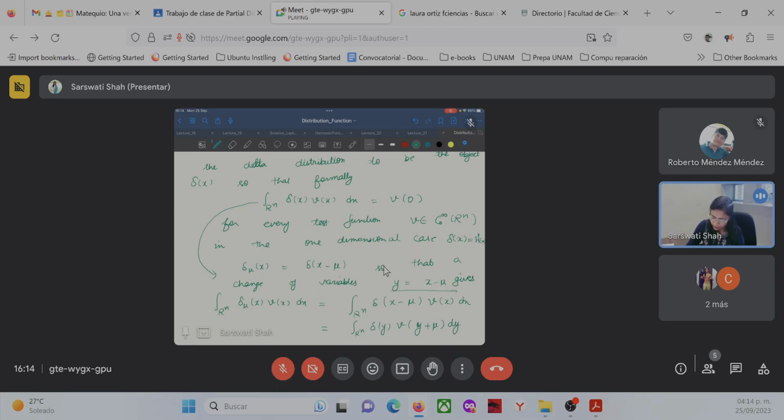Under this operation, dx will be dy and x will be y plus mu. So when we calculate this integral, earlier it used to be v of 0. Now mu is here, so it will be v of mu.